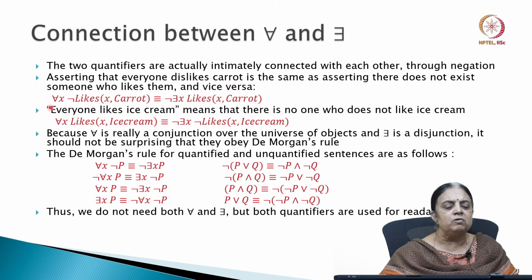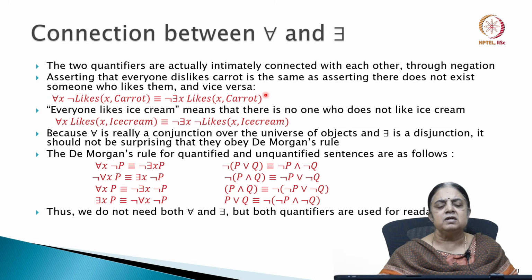So when you say for all x, not likes(x, carrot), you can also put the same sentence as there does not exist x such that likes(x, carrot). So basically if we take the first sentence, negate it, and change the universal quantifier to the existential quantifier, you get the second sentence.